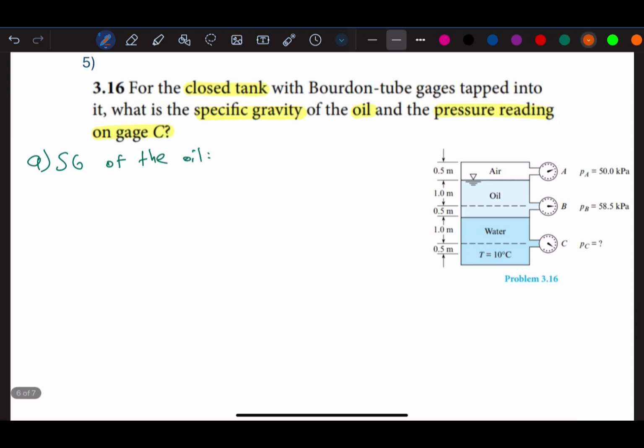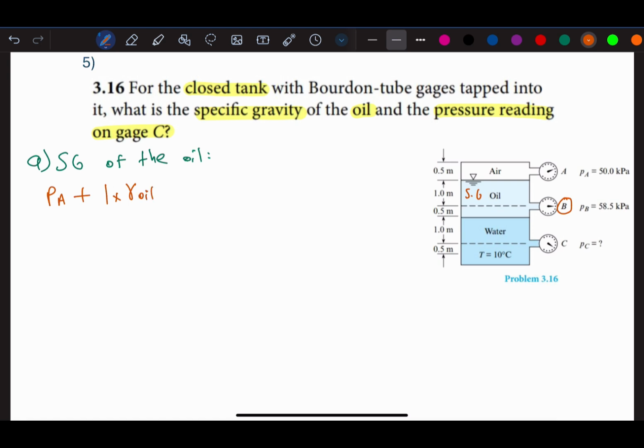So as I mentioned, we have PB here, and we defined specific gravity of oil. So let's first write this equation. We have PA plus this height, which is 1 meter, times specific weight of oil.